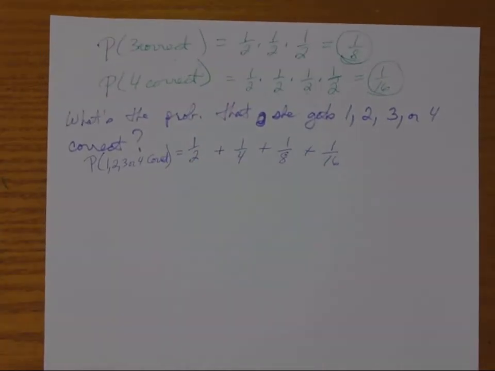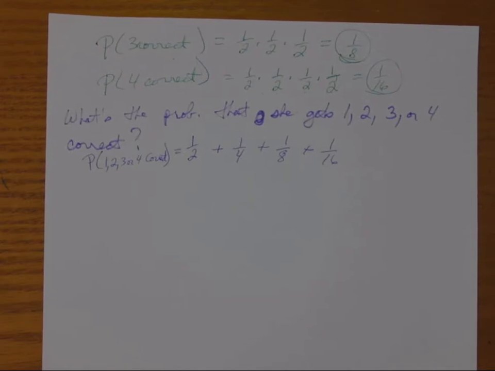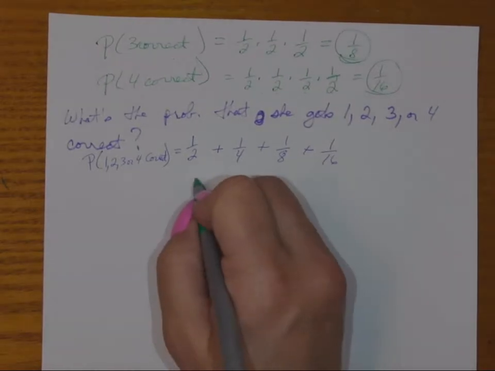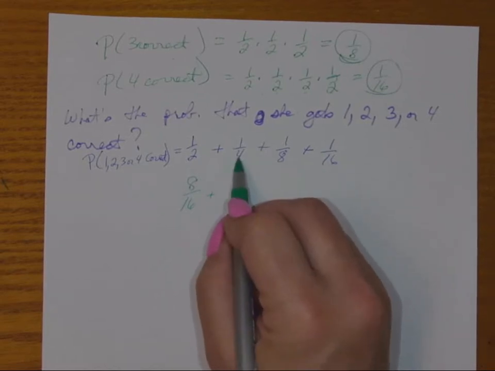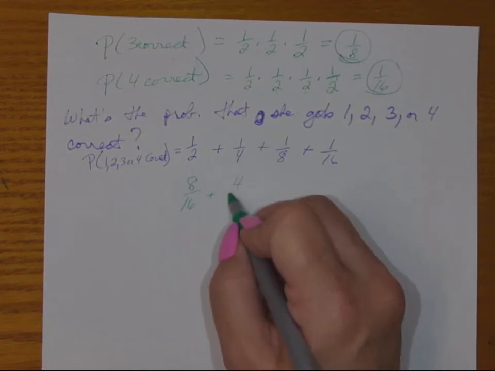Well, we got that. So how do I work that one? A bunch of different denominators. I need to get a common denominator between all of them, and hopefully we know that the common denominator here is 16. So 8/16 plus, this one would have been times 4, so 4/16.